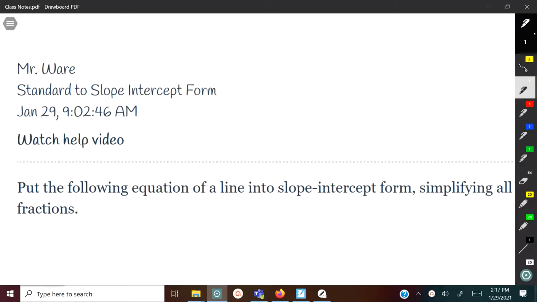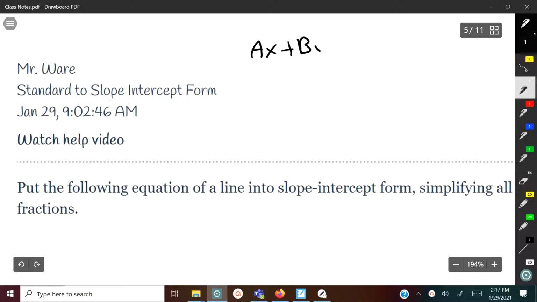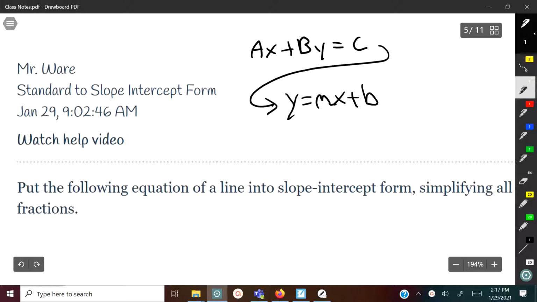Ware's videos. And today, we're still writing linear functions, but here we're just converting a standard form linear function, which is ax plus by equals c, and changing it into y equals mx plus b.